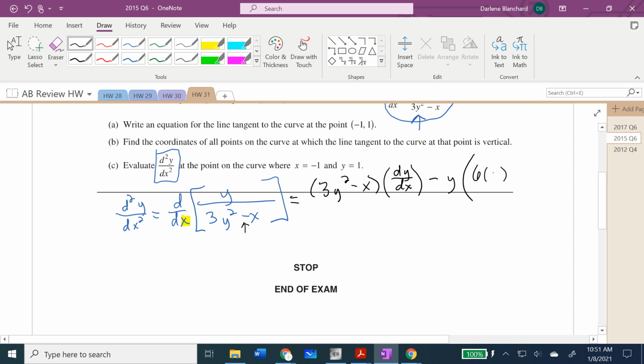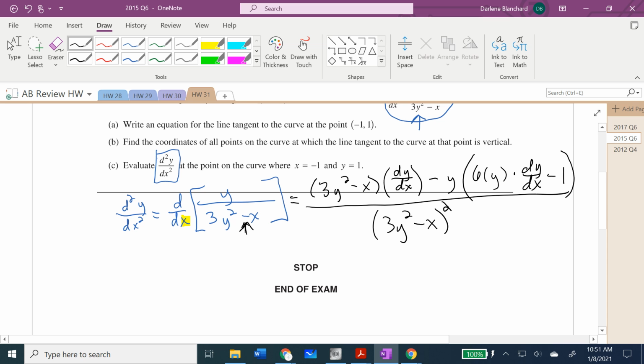The baby is y, so I shove it in and I multiply by its derivative with respect to the x variable. Then after that subtraction, I have just an x. Derivative with respect to x is 1. Square the bottom, and away we go.